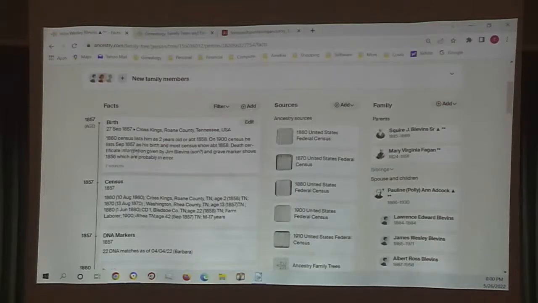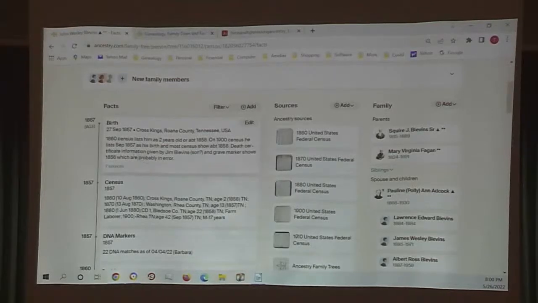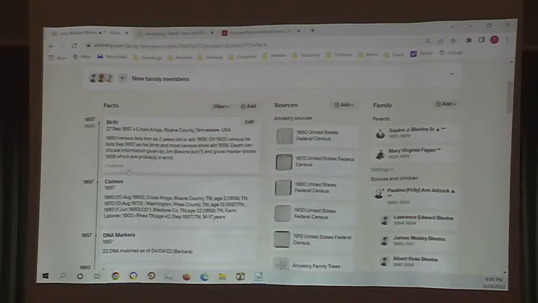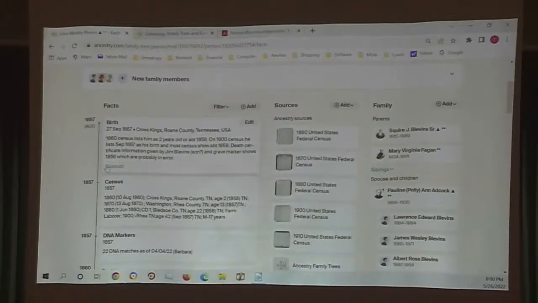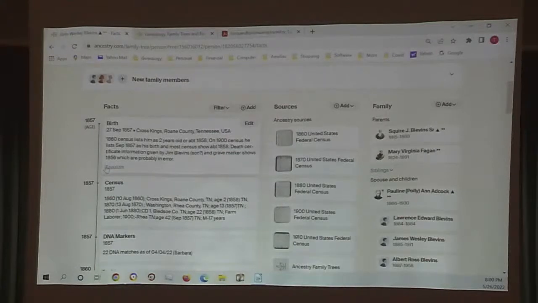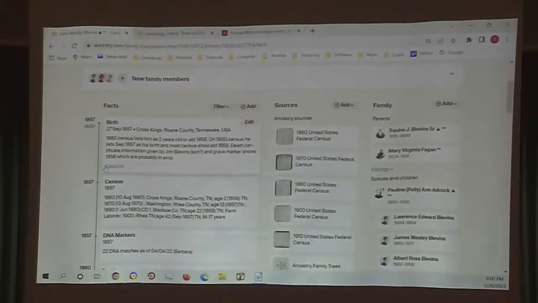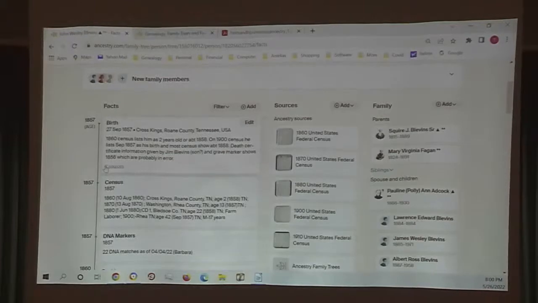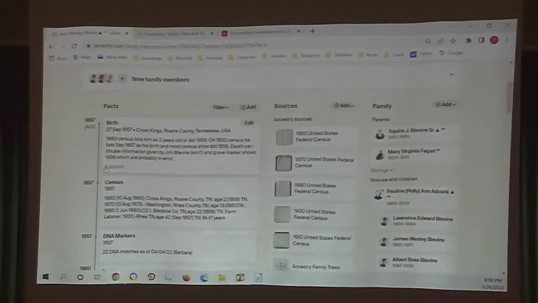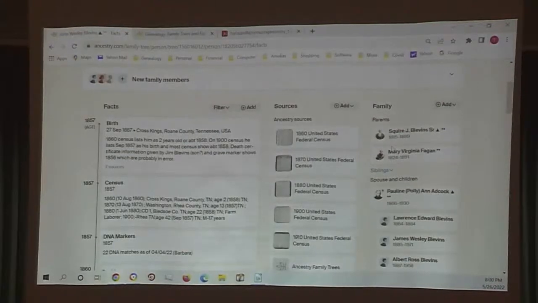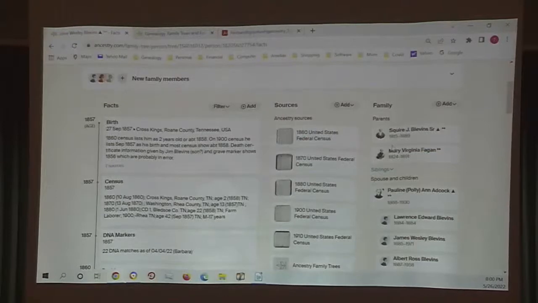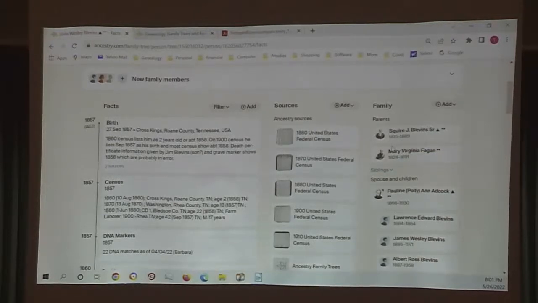I would think the parents can tell the difference between a 2-year-old and a 4-year-old, right? And so Jim Blevins reported him as 1856 on his death certificate, and that's what his grave marker said. So I sent a message to the custodian of that grave marker saying, check the 1860 census, and they corrected the death and put a note in Find a Grave, right? Okay, does that make sense?